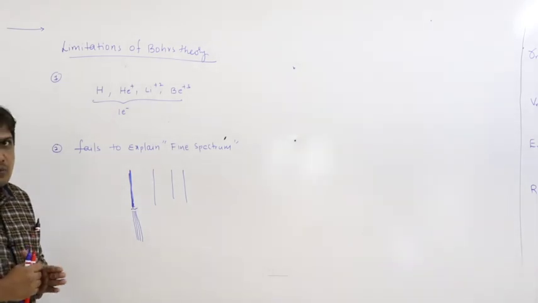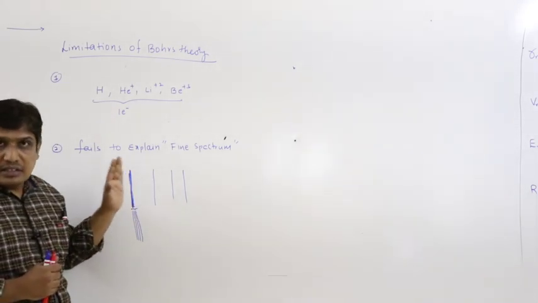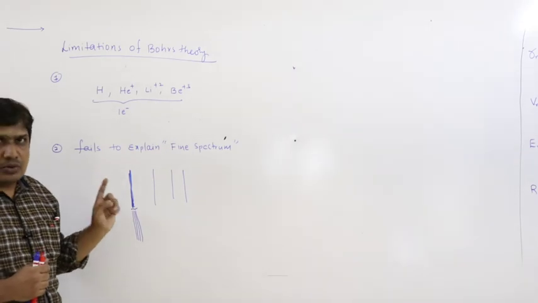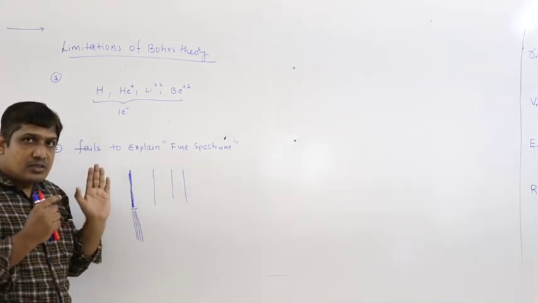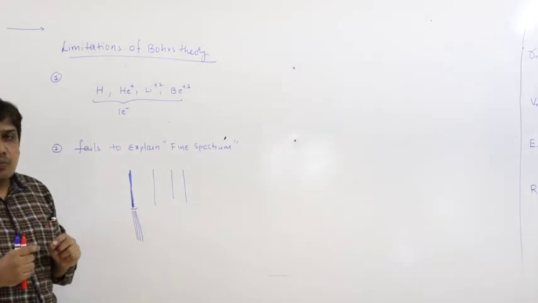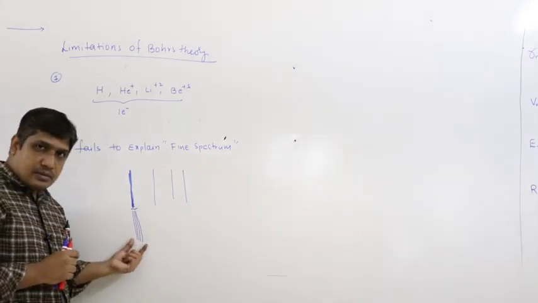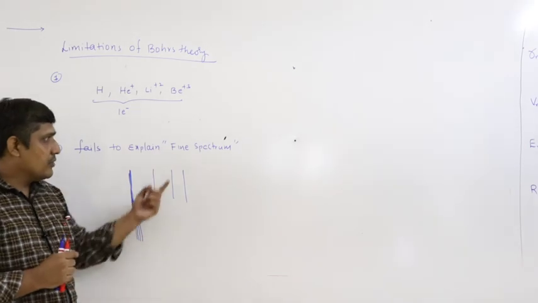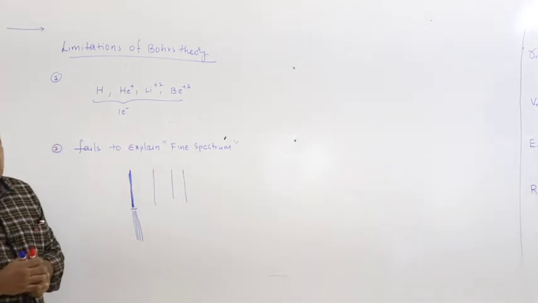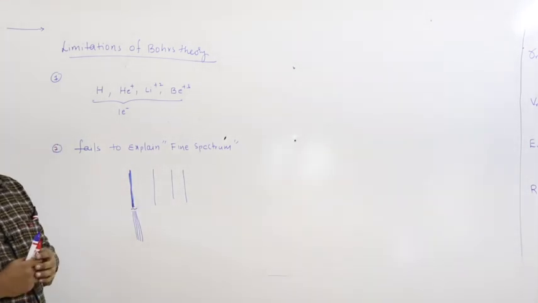According to Bohr's theory, it should be a single line, but this group of lines, the fine spectrum of hydrogen, was not explained by Bohr's theory.